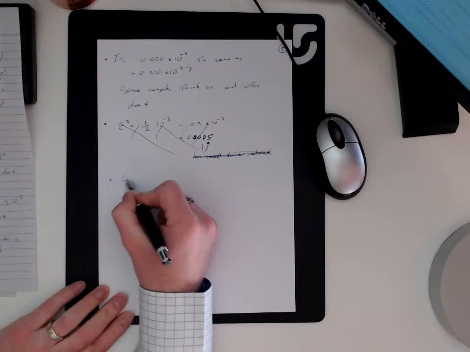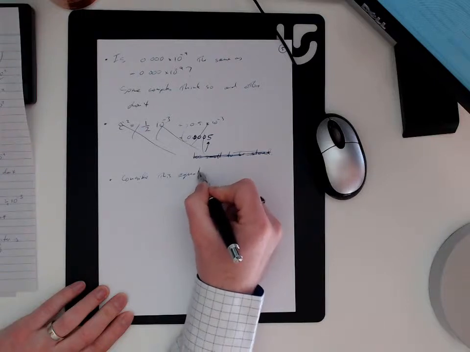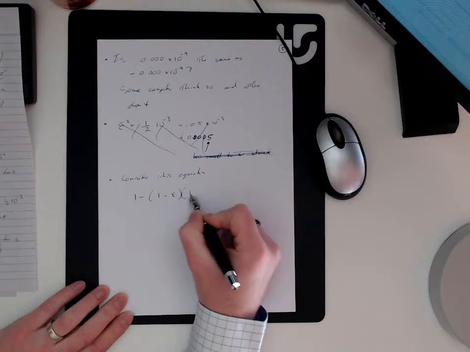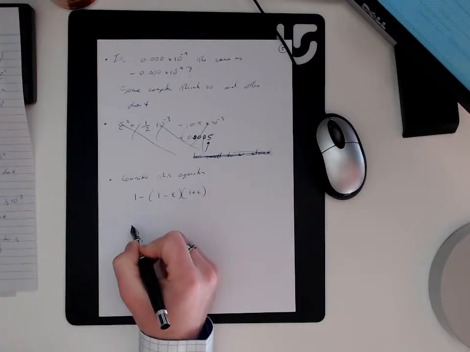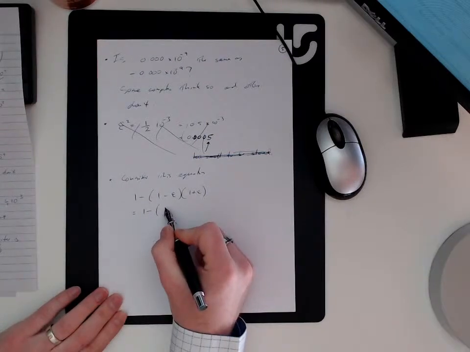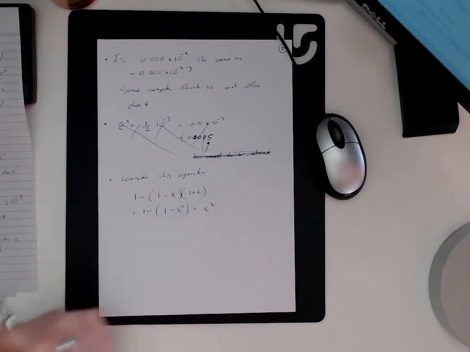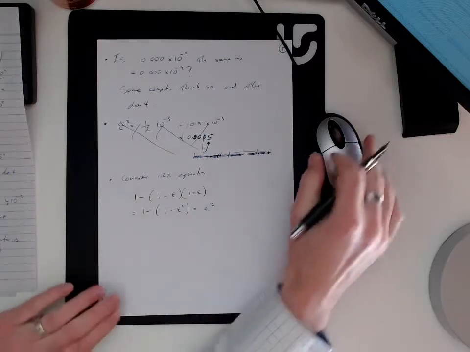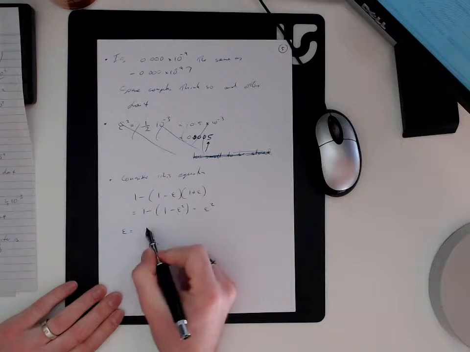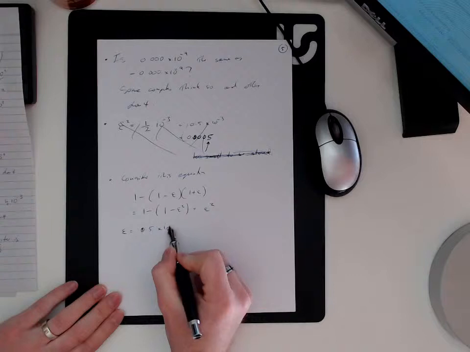So consider this. One minus epsilon, 1 plus epsilon. Now algebraically, this is 1 minus epsilon squared. Now, let's suppose that epsilon is, as I mentioned, 0.5 times 10 to the minus 3.